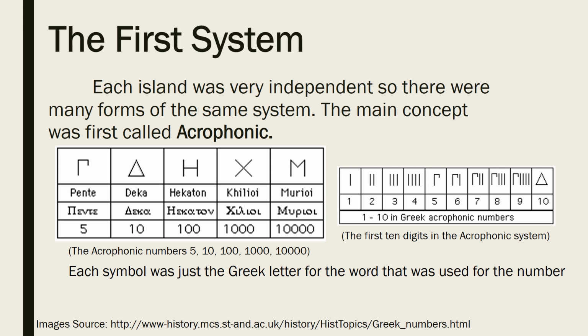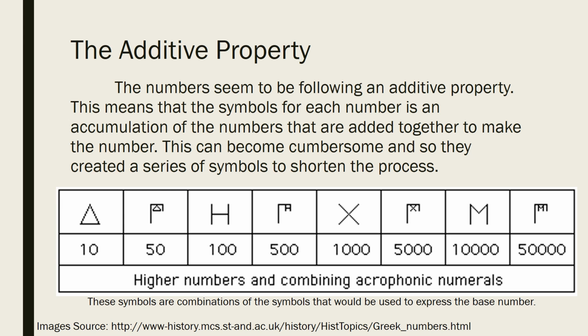So as you can see here on the right, there were single tally marks from 1 through 4, and then once you hit 5, it gets up to the pente symbol, and from there on, it's an additive property. So with the additive property, it was fairly obvious how to create these numbers and make it so that you understood what number somebody was going for.